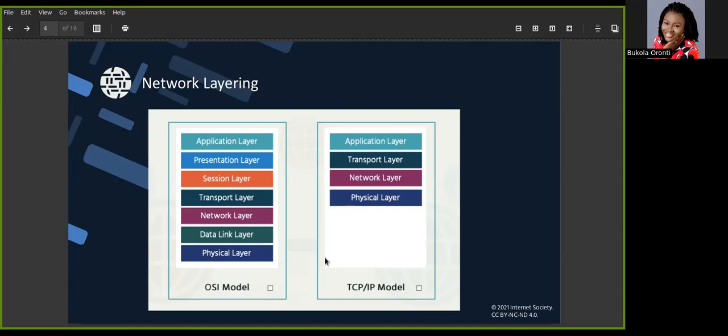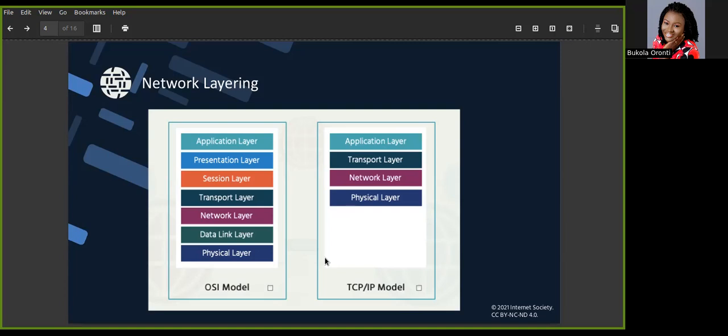This is the layer that addresses hosts and handles packet routing between networks using protocols such as IP and also ARP. ARP is otherwise known as the Address Resolution Protocol. This is a protocol that connects an IP address to a MAC address in a local area network. So once it has the information about the IP address, it connects it to the corresponding MAC address.